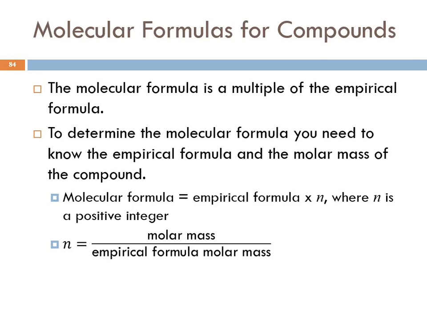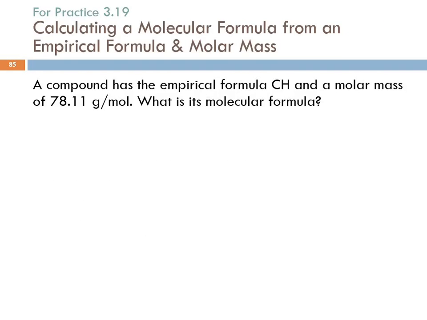So the idea is that the molecular formula is the empirical formula times some integer. So what we're going to do is take the molar mass, which in these problems has to be given to you because there's no way for you to calculate that. You take the molar mass, you divide it by the mass of the empirical formula, and you should get a nice whole number. Let's do an example.